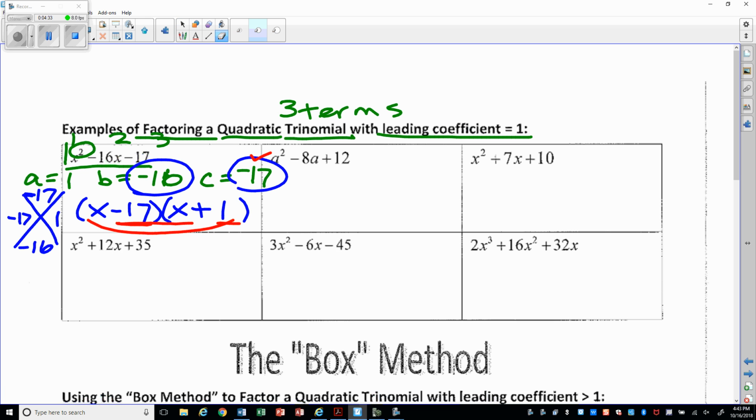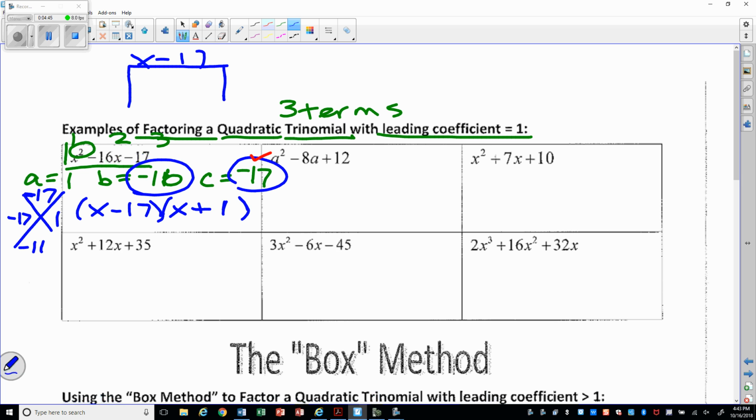So, as if I were to FOIL this, and I'll go ahead and use the box method, if I take x minus 17 times x plus 1, and I multiply it together, x times x is x squared, and negative 17 times x is negative 17x, and 1 times x is x, and 1 times negative 17 is negative 17.